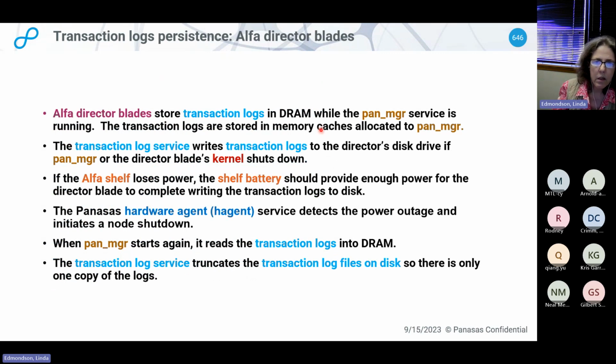We're not going to talk about what happens on the alpha directors. Basically, on the alpha, all these are stored in volatile memory. The shelf battery is supposed to provide the director with the time to copy these transaction logs to disk.